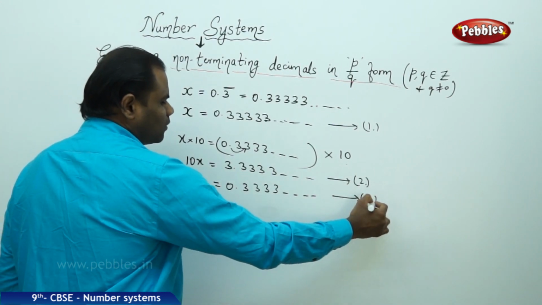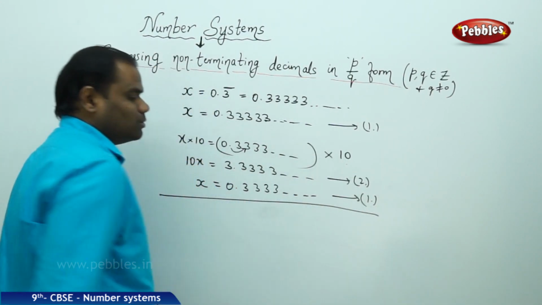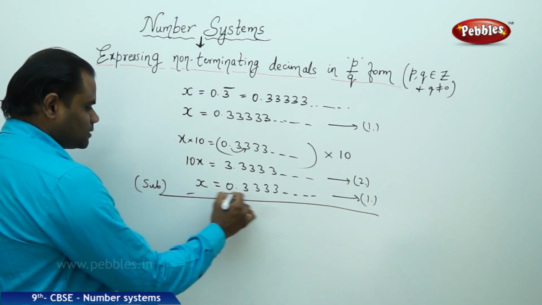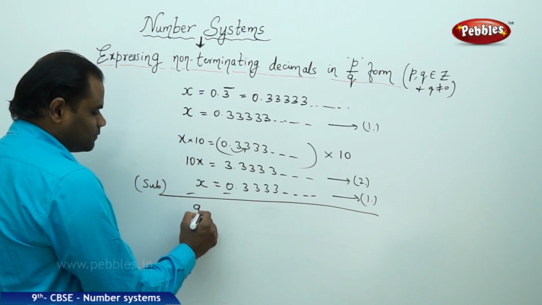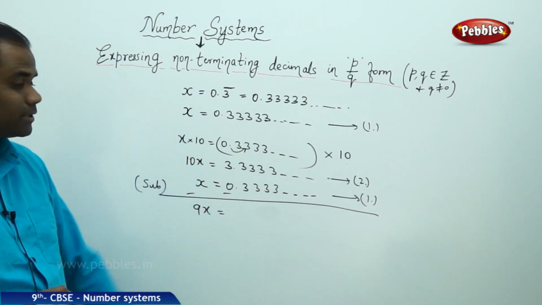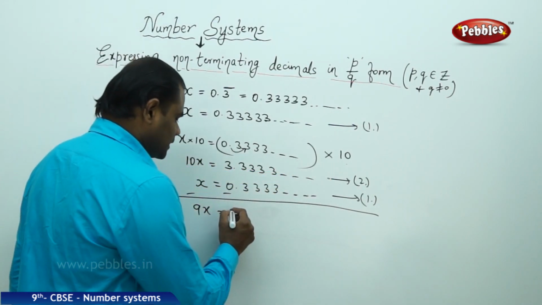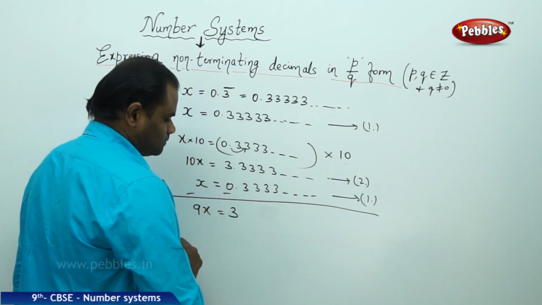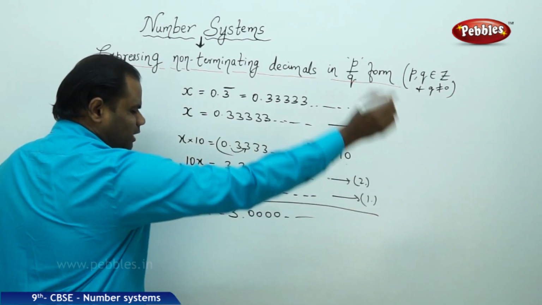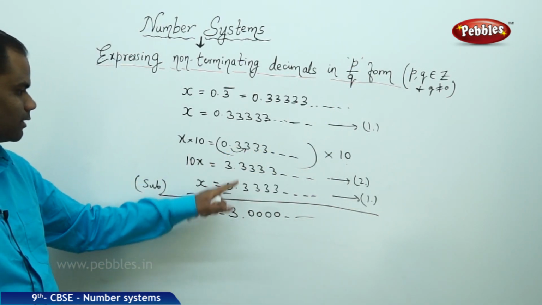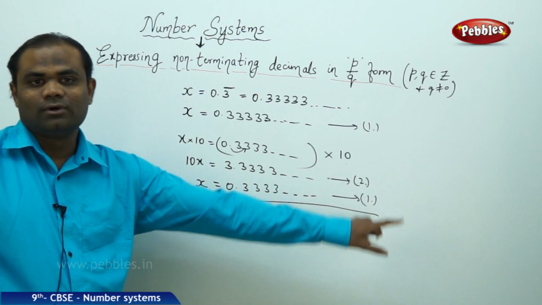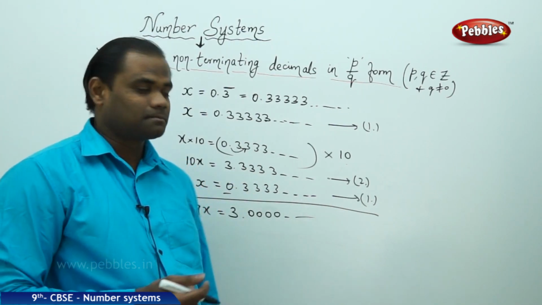I subtract the two equations, and I get 10x minus x, which is 9x, and 3.333 and so on minus 0.333 and so on will exactly give me 3. The subtraction makes it 3.00 and so on, because 3 minus 0 is 3, 3 minus 3 is 0, and so on, all zeros till infinity.